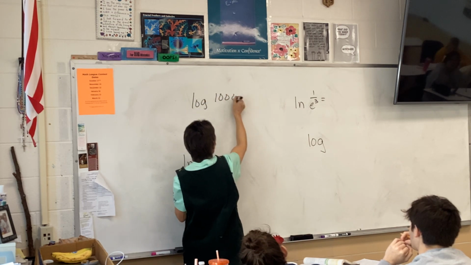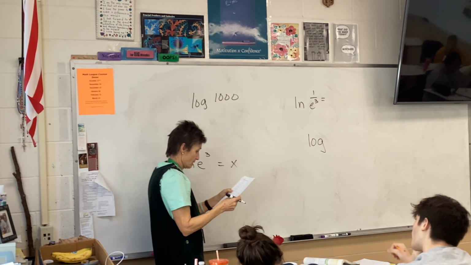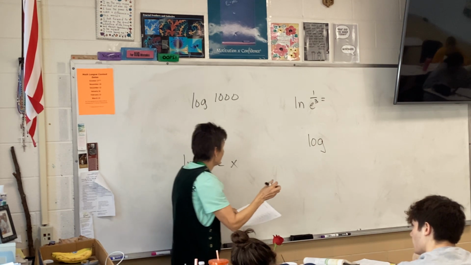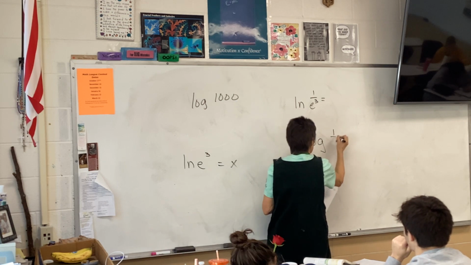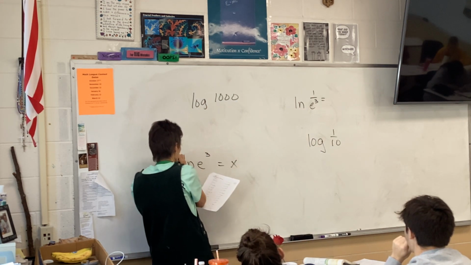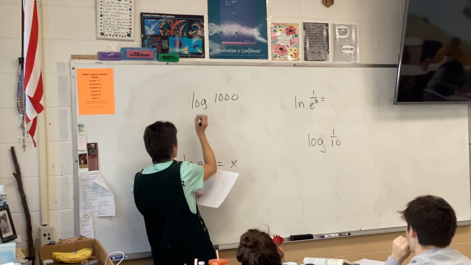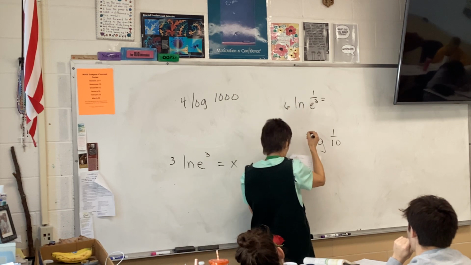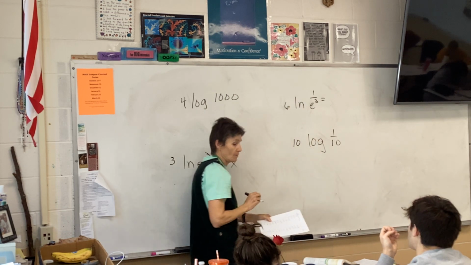Log of 1,000. And I did all the way down to 9. I'm gonna go ahead and do 10 just to wrap it up. Okay, so we did number 3, number 4, number 6, and number 10. And then we'll stop on this for today, okay?